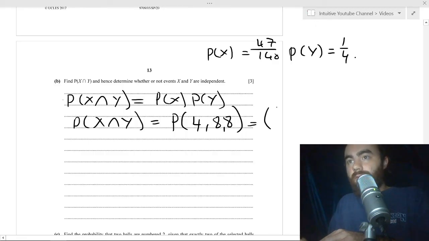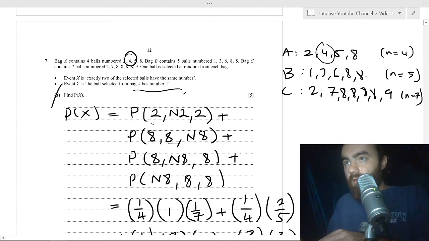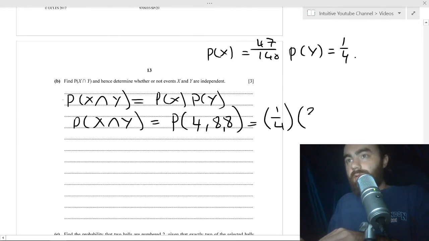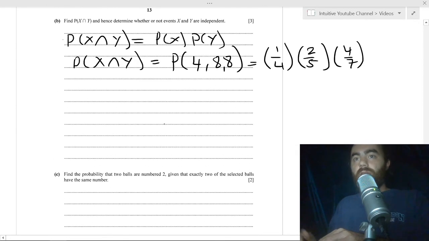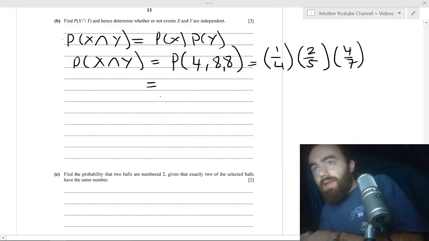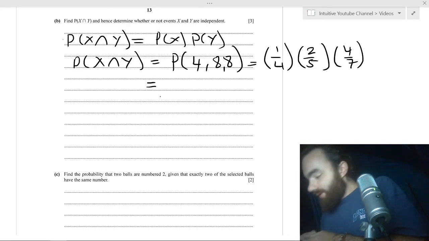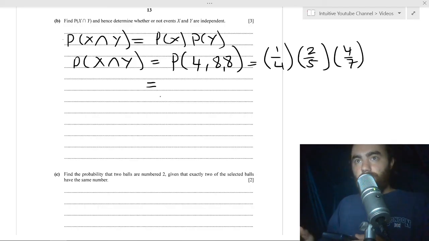So that equals 1 over 4 times the probability of 8 from bag B is 2 over 5, and the probability of 8 from bag C is 4 over 7. So it's times 2 over 5 times 4 over 7. So that equals 1 times 2 times 4 divided by 5 divided by 4 divided by 7, which is 2 over 35.